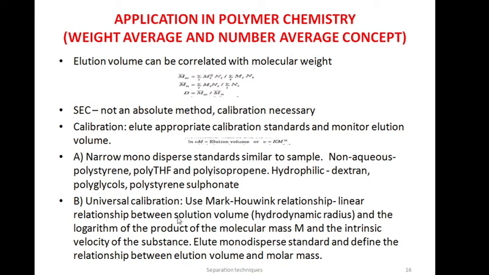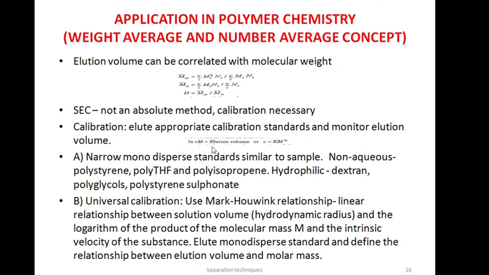Or we can use universal calibration. You can use specific calibration or universal calibration. That is, you're going to use the Mark-Houwink relationship. It's a linear relationship between solute volume and the logarithm of the product of molecular mass M and the intrinsic viscosity of the substance, eta. It's this equation.